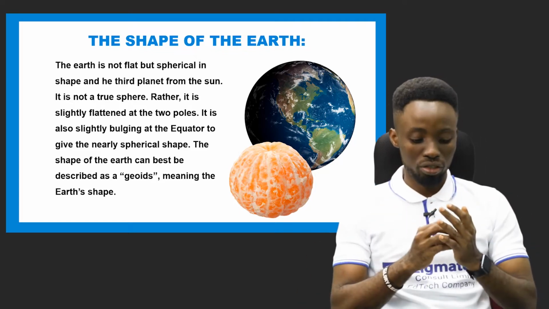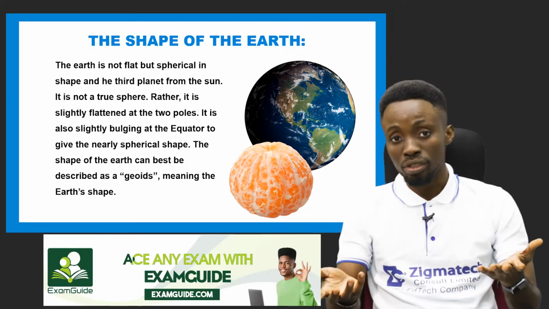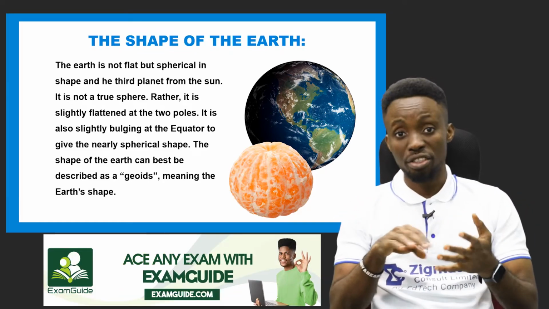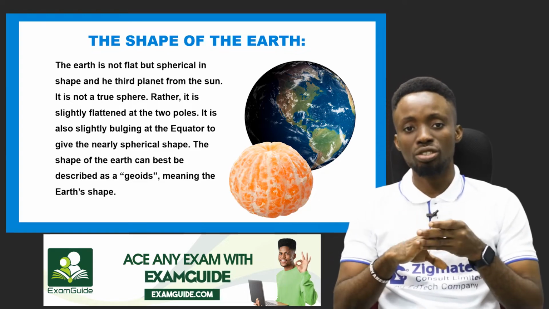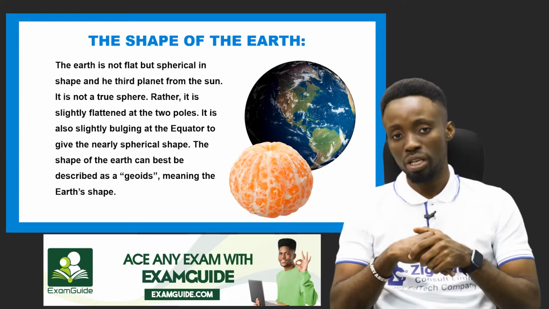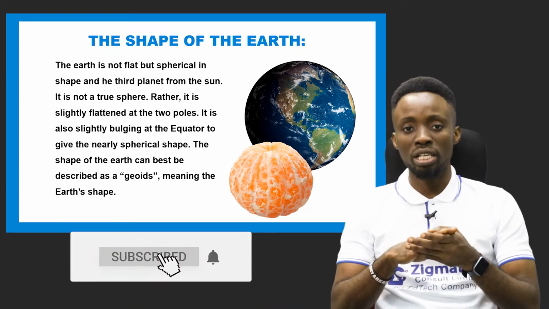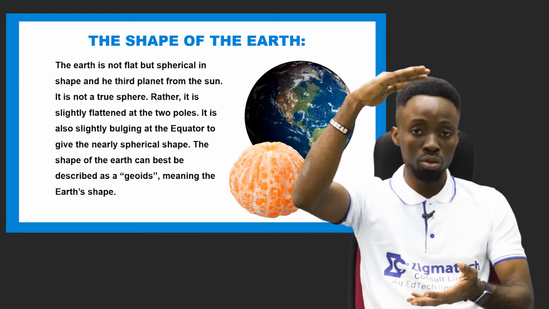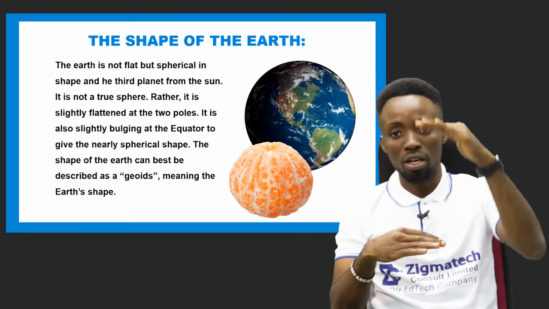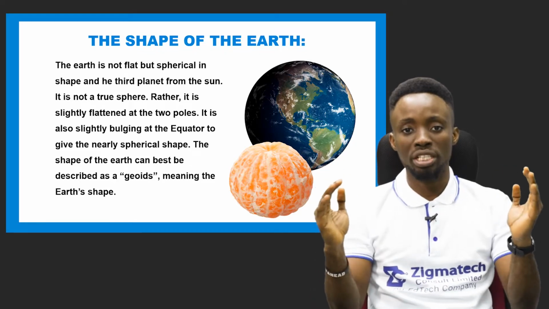Now, in our present day, we've discovered that the Earth is not flat but round and spherical in shape. But the thing is this: the Earth is not actually a true spherical shape. The Earth actually has its surface flat at the poles, and at the equator it's bulging in size.